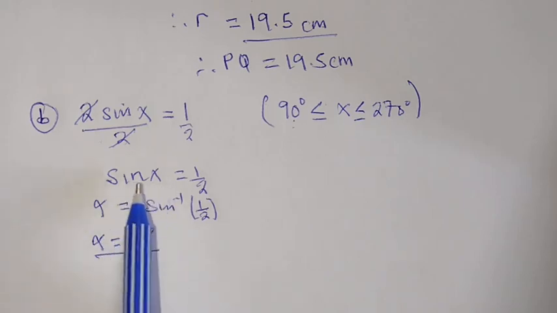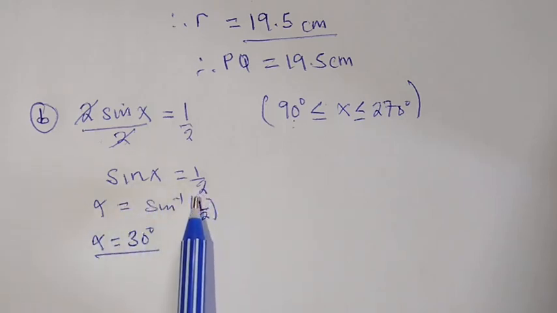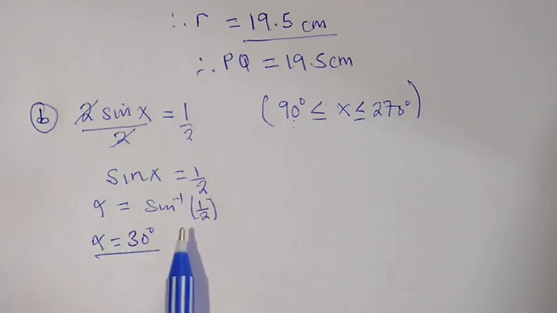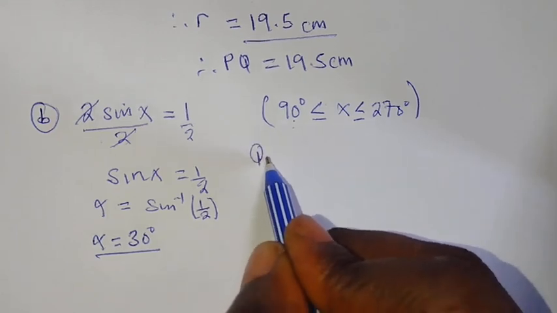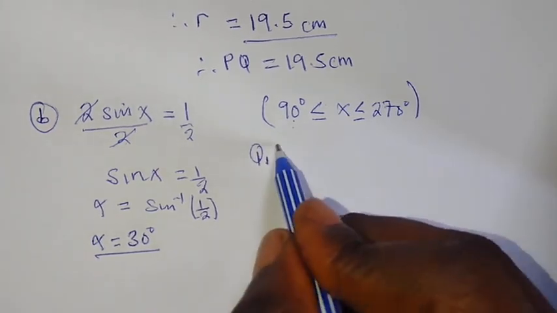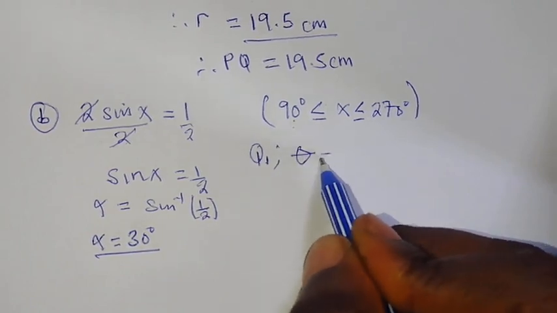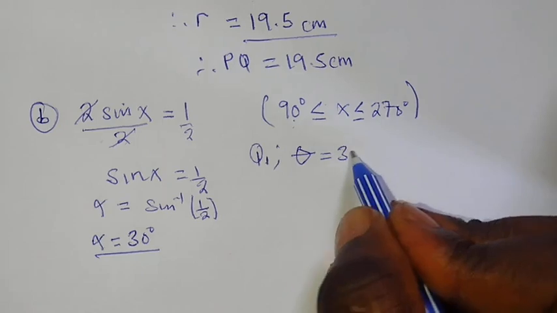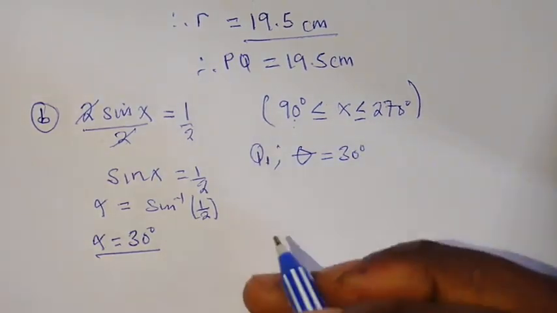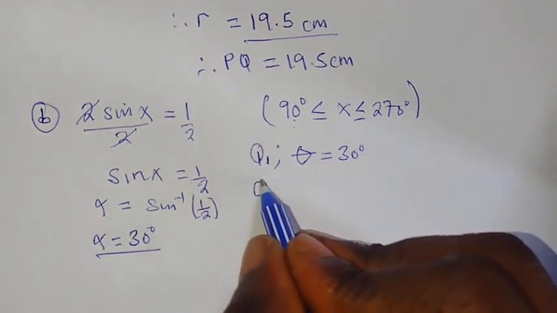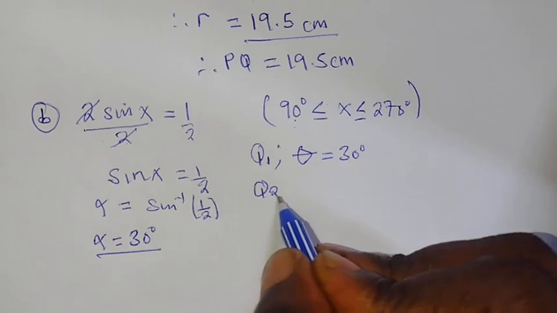You can see that sine is positive, so we need to find the quadrants in which sine is positive. In the first quadrant, Q1, the angle is going to be 30 degrees because in the first quadrant, all angles are positive. Sine is also positive in the second quadrant, Q2.